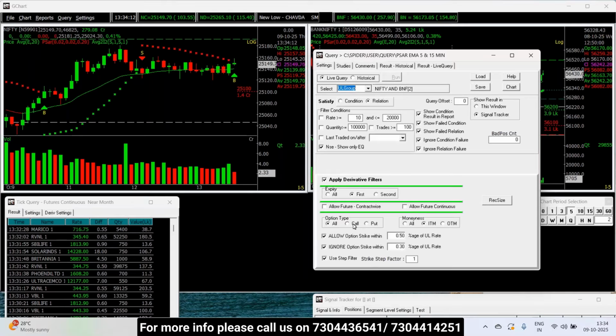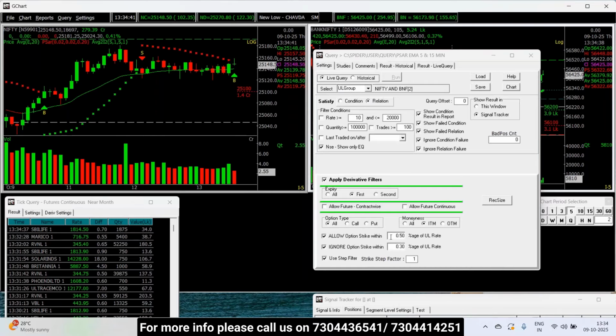Here, as you can see, you can choose any one option: call, put or both, or moneyness in the money, out of the money, or both. And you can choose the percentages as well, for when you need to get a buy signal. For example, I choose 0.50 for the UL rate. The UL rate is basically what you can see here. So 25,150 is the UL rate as of now.